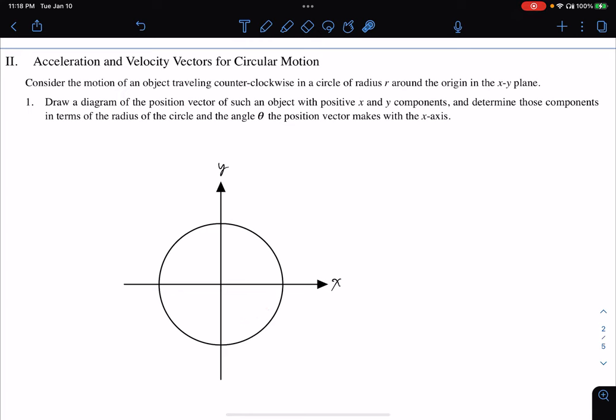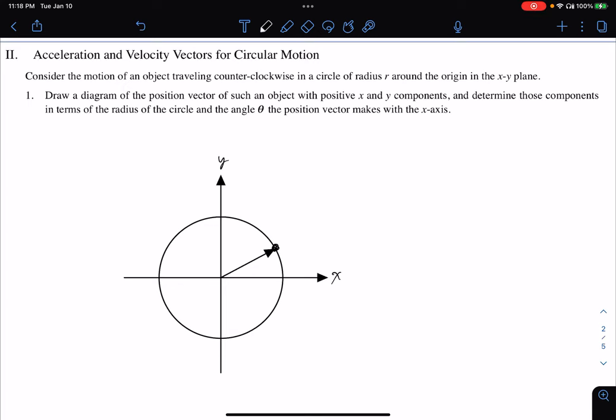a circle. So here is our xy plane, and the object should be somewhere on the circle. Therefore, we can draw an arrow representing the vector representing the position of this particle.